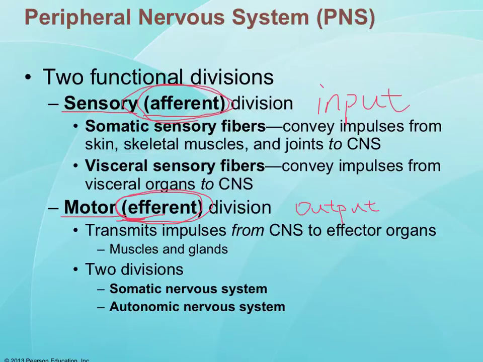The two divisions can be further divided by either the target or the receptor on the periphery. For the sensory division, we can separate it into somatic and visceral. Somatic means body. The somatic sensory fibers receive information from skin, skeletal muscle, and joints, so the body parts.